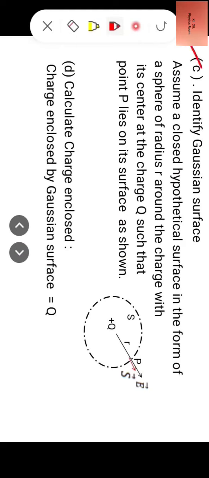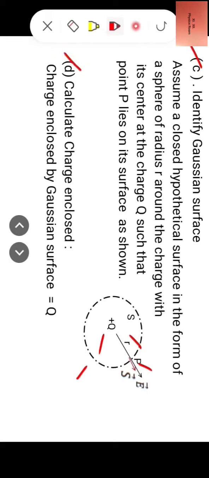C. Identify Gaussian surface. Assume a closed hypothetical surface in the form of a sphere of radius r around the charge with its center at the charge Q, such that point P lies on its surface as shown in the diagram.